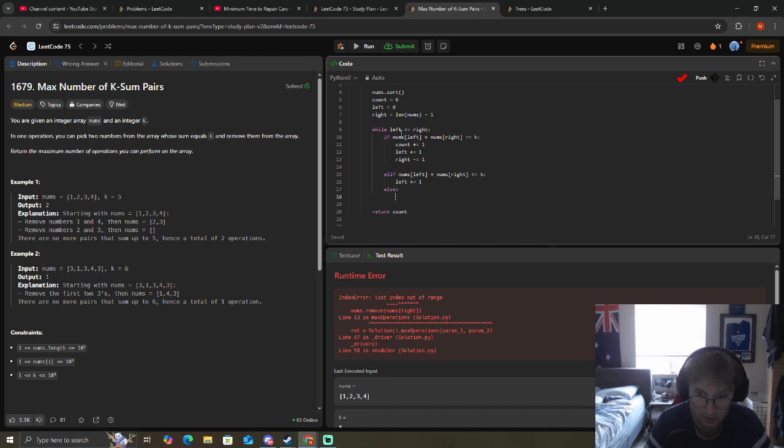Else, if it's greater than k, then we need a smaller value, so we do right minus equal to 1, and we return our count.